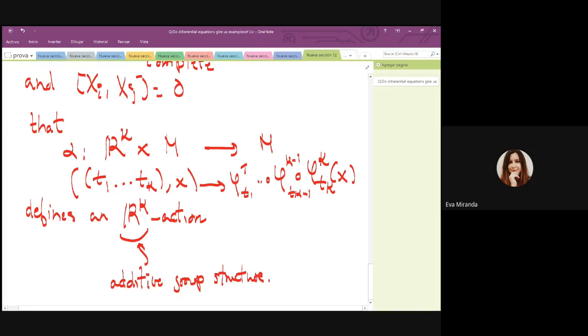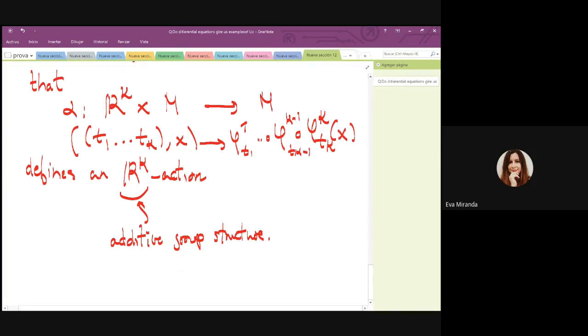This is an interesting checkout because you need to check the definition, check the condition. So, well, let me erase here, change color. So what I want to say is the hint, the only hint I need to give you is that, okay, I need to check that the sum of vectors here goes to the composition, right? So my hint is just the definition, check that the sum goes to the composition.